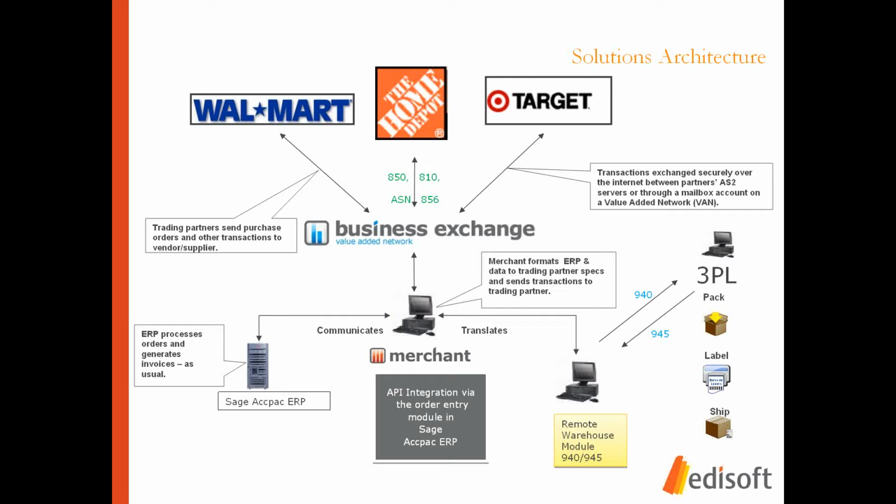And there, the third-party logistics warehouse would be able to exchange the necessary documentation, which is the 940, 945, to pick, pack, and ship the orders and act as a third-party logistics warehouse on behalf of an organization such as Article Inc.